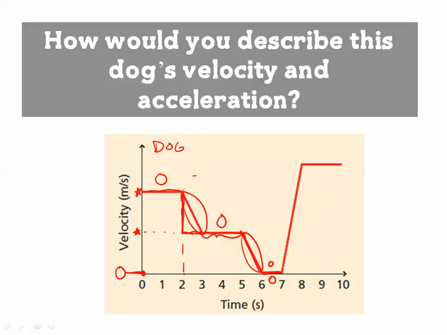Finally, the dog picks back up speed very quickly, very high slope, so very high acceleration here. We had deceleration here, and then again we have 0 acceleration, but the dog is moving because if you look, it does have a value for velocity.